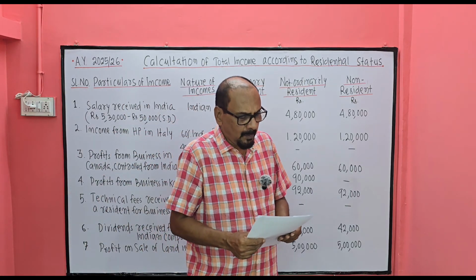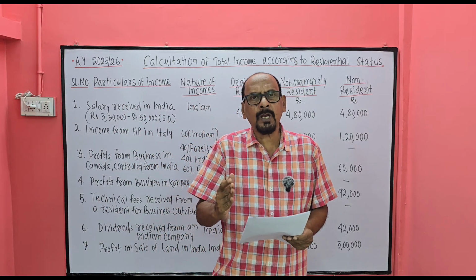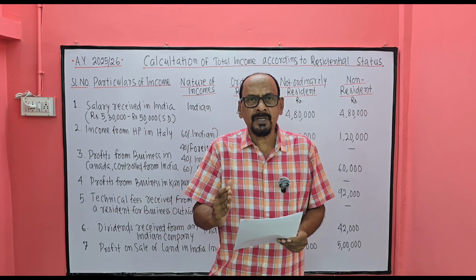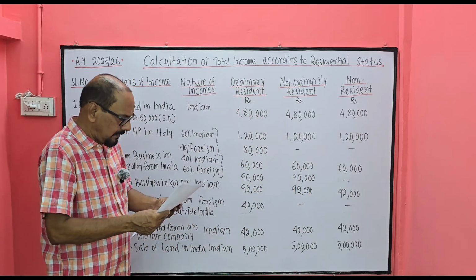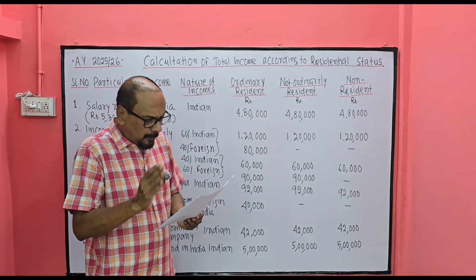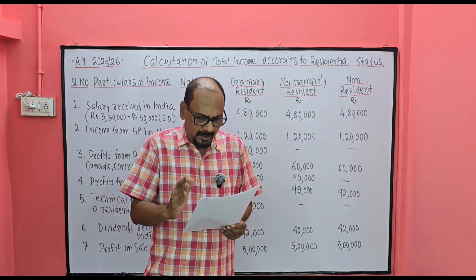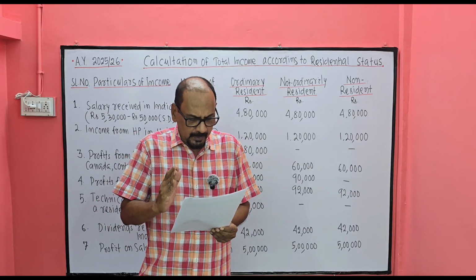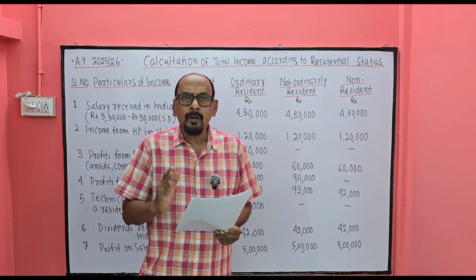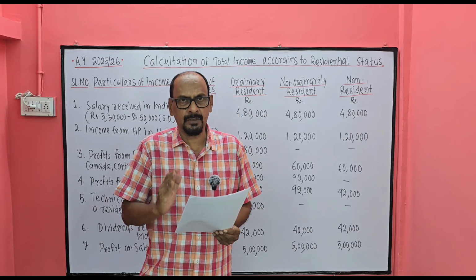We are discussing the computation of total income according to residential status. The third financial transaction: profit from a business in Canada, controlled from India, 40% of profit received in India, 1,50,000.